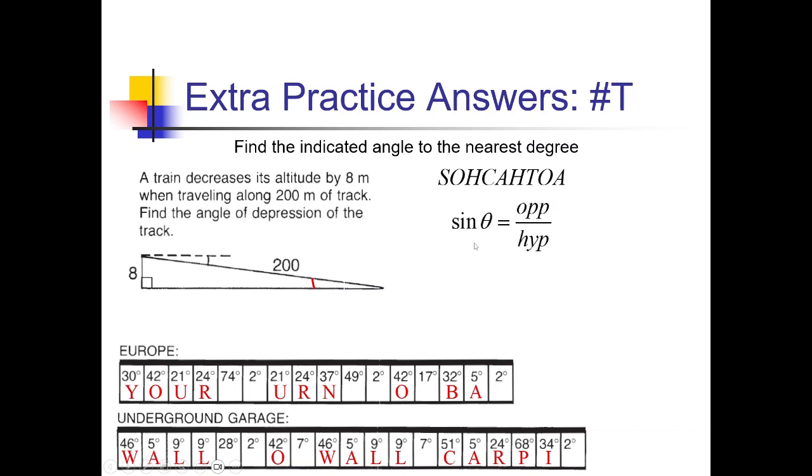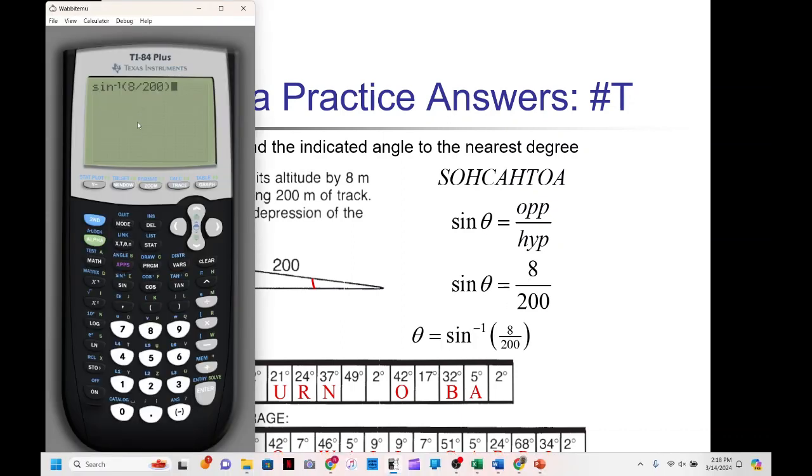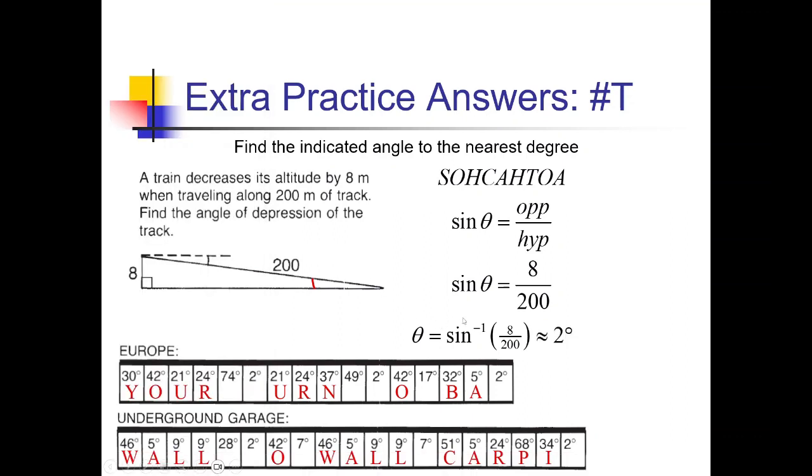So we have sine equals opposite 8 over hypotenuse 200. So then we have sine inverse of 8 over 200. And plugging that into my calculator, sine inverse 8 over 200 comes out to not a very big angle. That's like 2 degrees right there if you round that off to the nearest degree.